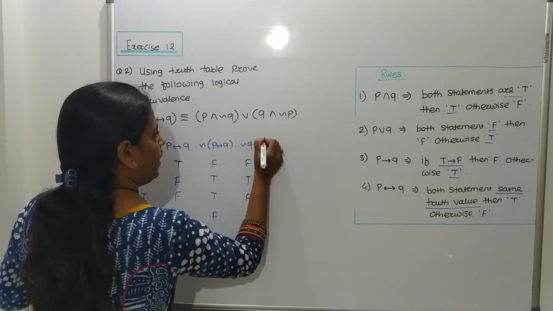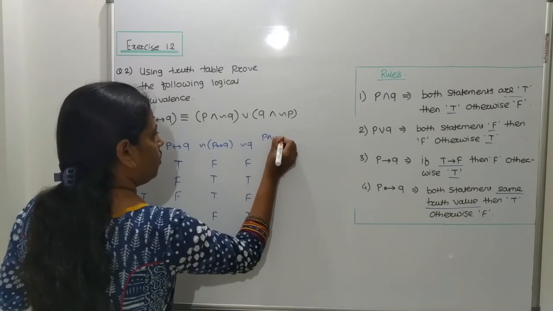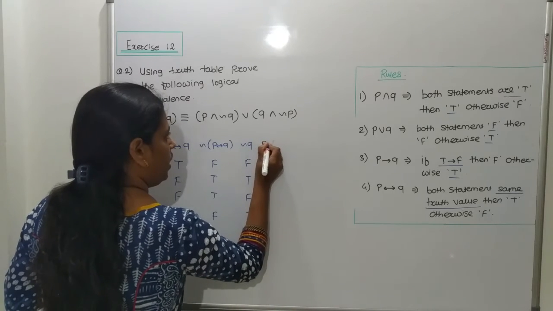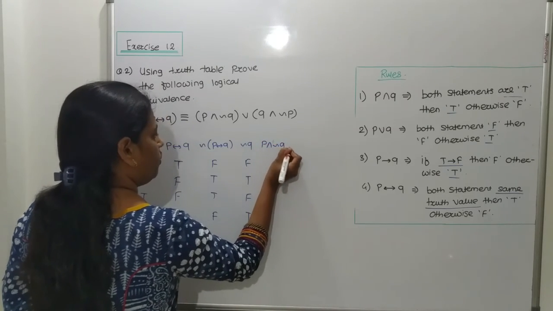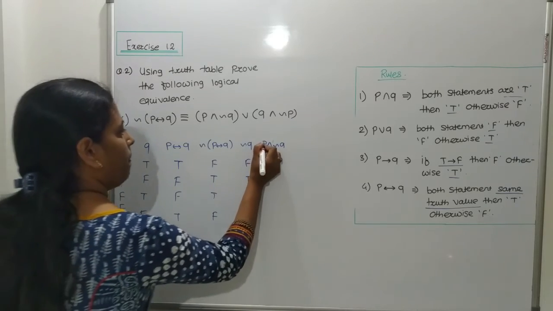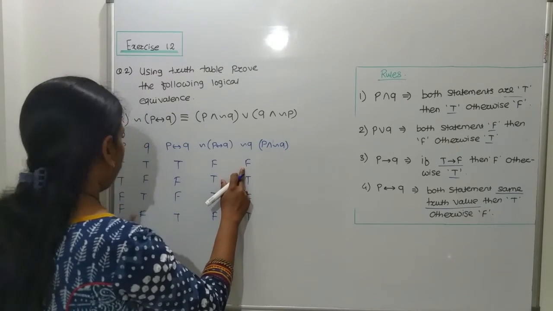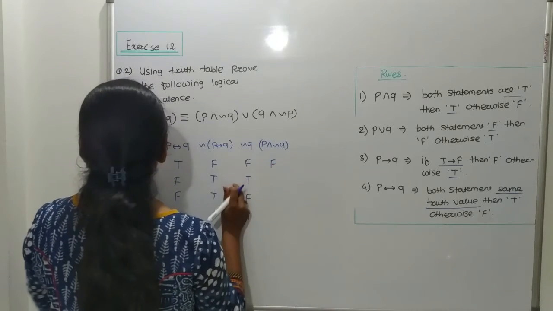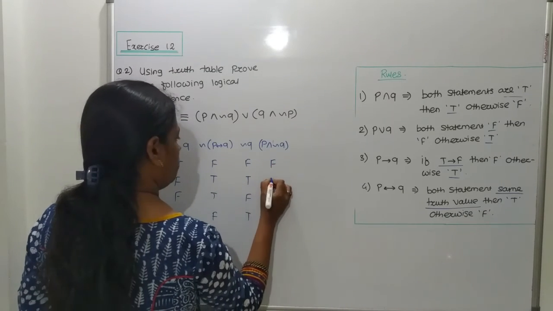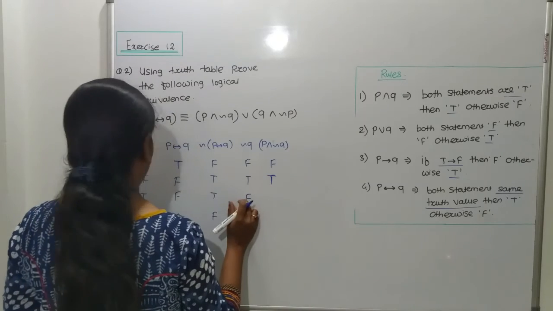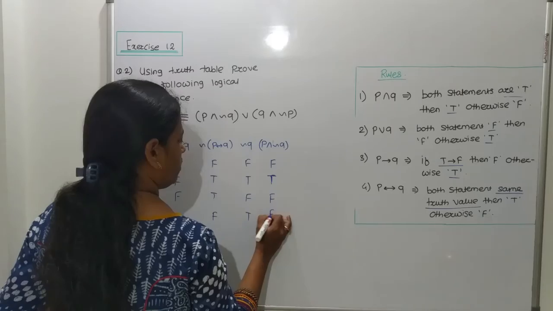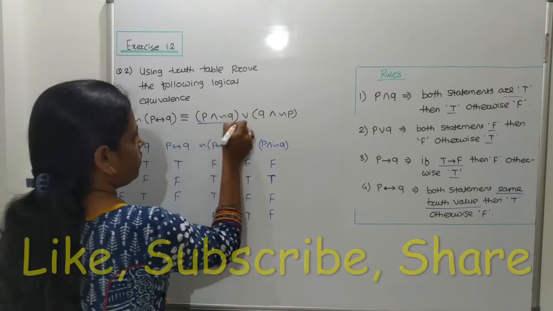Then we have to find out P and not Q. Whatever the value of P and not Q, we have to calculate here. So true, false, false, true, true, true, false, false, false, false, true, false. So this is what we have to calculate here.